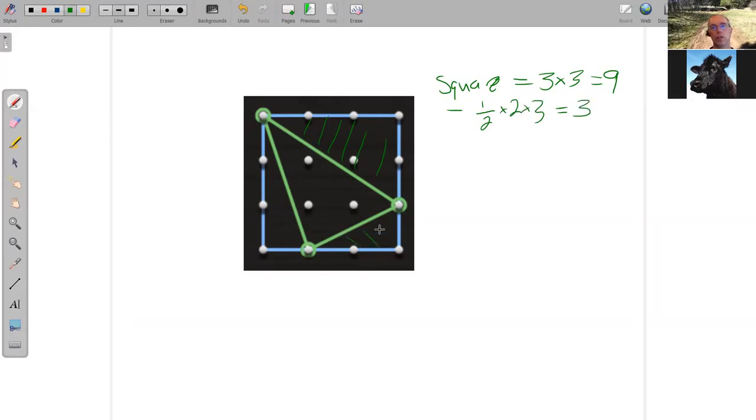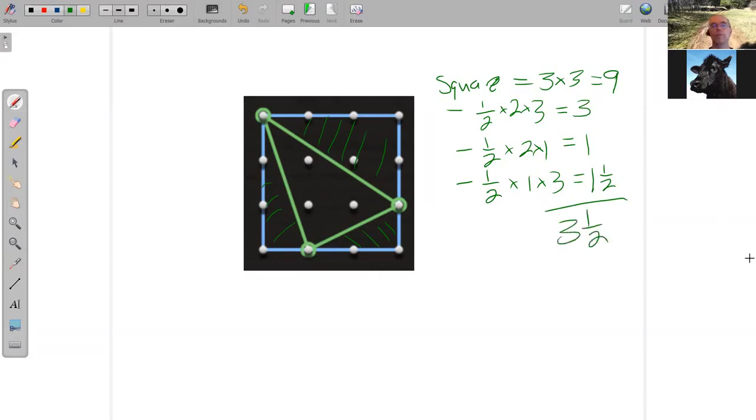And then we also want to take this one away, which is 2 by 1, so we take away 1/2 of 2 by 1, which gives us 1 unit. And then this one over here, take away 1/2 of 1 by 3, which should be 1.5. So what happens there? 9 minus 3 is 6. 6 minus 1 is 5. 5 minus 1 is 4. Minus 1/2 is 3.5. Ooh, I did it. I found one. The net area here, when I take away the other stuff, is 3.5 units.